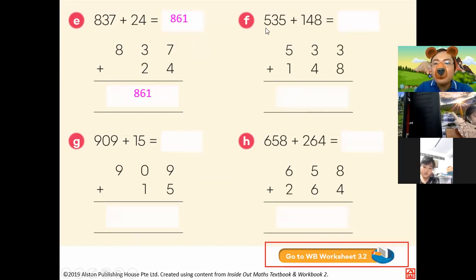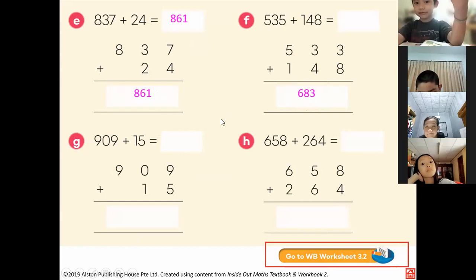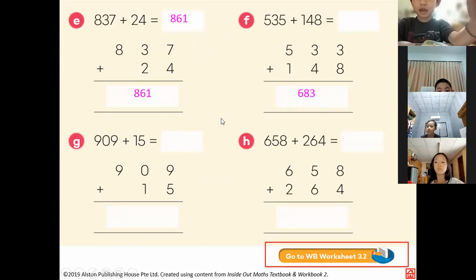And what about for letter F? 535 plus 148. 683. Very good. And for letter G, 909 plus 15. Can you go back to letter C and D? Okay, letter C.